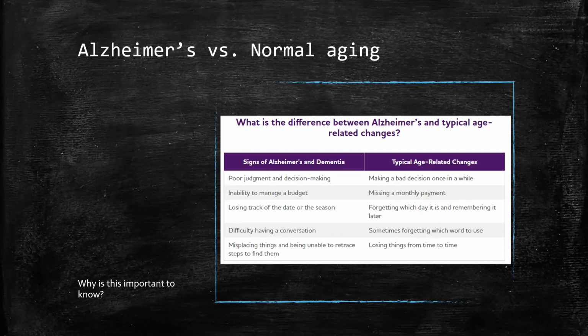So someone that shows signs of Alzheimer's and dementia might be completely unable to manage a budget. A typical age-related change could look like they miss one monthly payment. Alzheimer's and dementia could lose track of the date or season. Someone with a typical age-related change could forget what day it is, but then they remember it later on. So a lot of times it can be fuzzy.